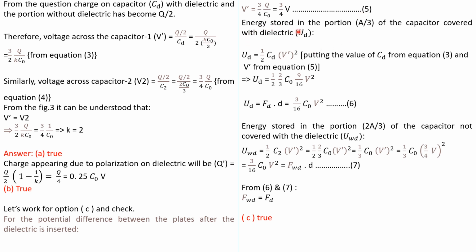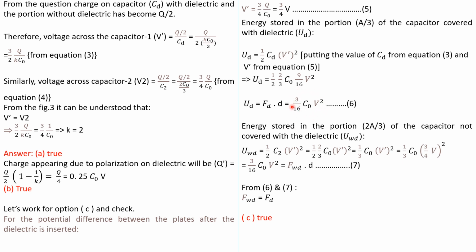So the energy stored in the portion of the capacitor covered with the dielectric, if we say it as U subscript D, will be half into the capacitance with the dielectric and the square of the voltage across it, V dash square. Putting the values, we get UD as 3 by 16 C naught into V square.